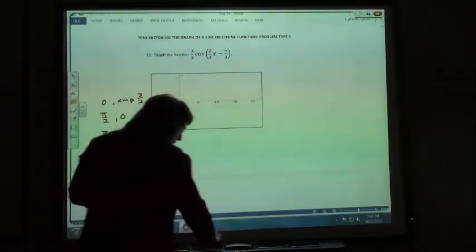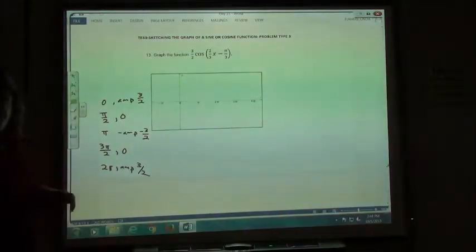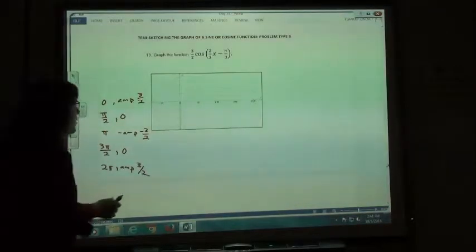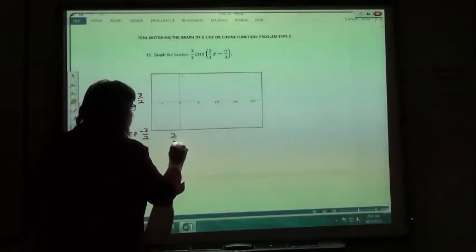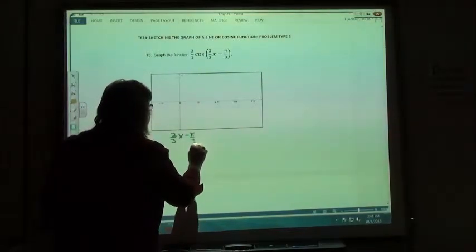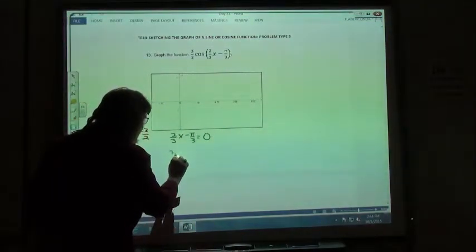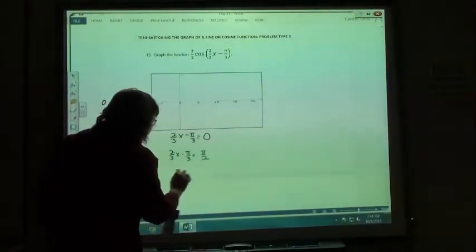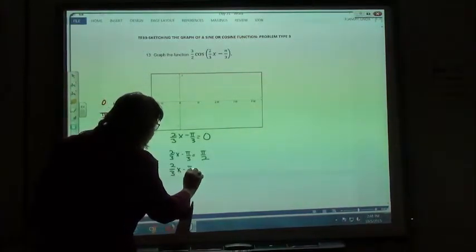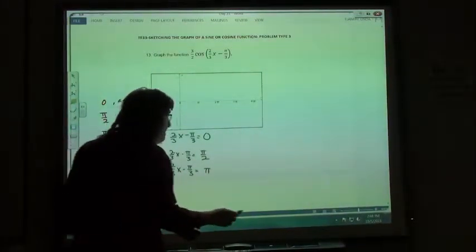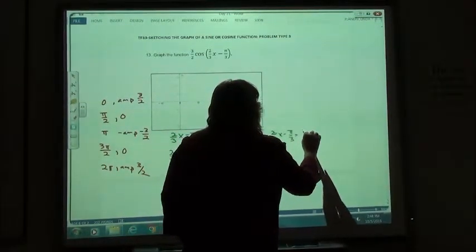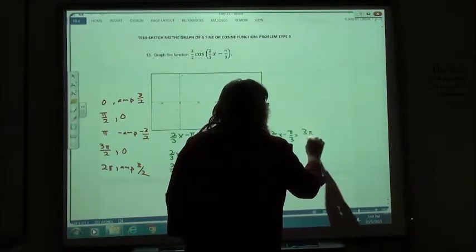I got to figure out what my phase shift and my period are going to turn out to be by setting what's in the parentheses equal to each one of these values. So I'm going to say 2/3 x minus pi over 3 equals 0. 2/3 x minus pi over 3 equals pi over 2. 2/3 x minus pi over 3 equals pi. 2/3 x minus pi over 3 equals 3 pi over 2.